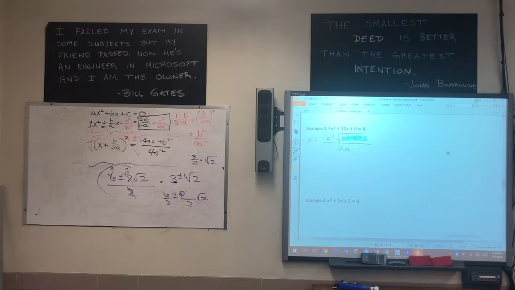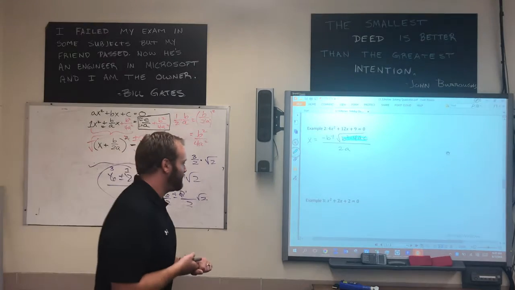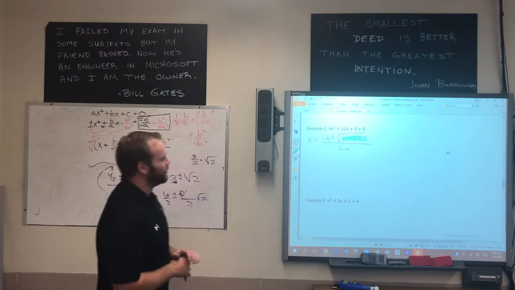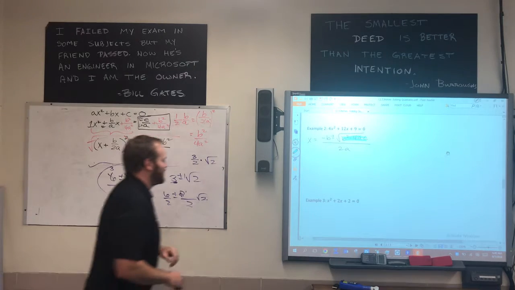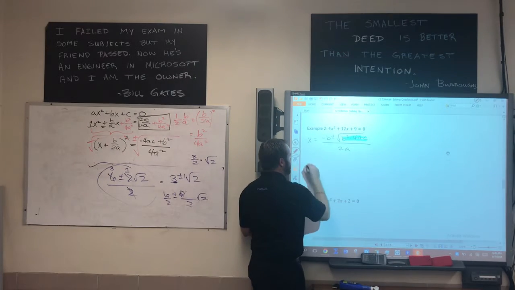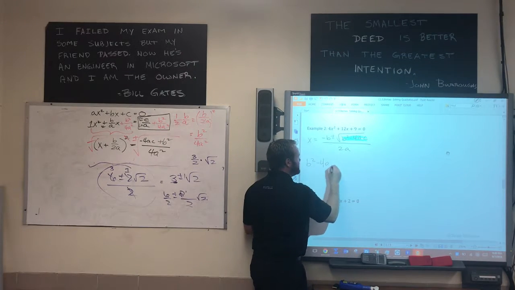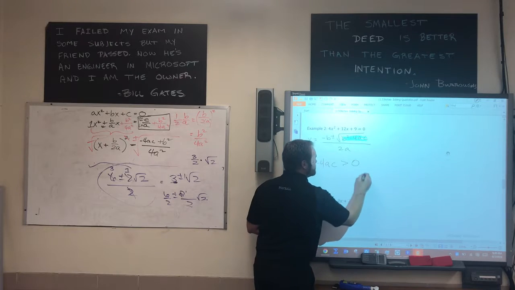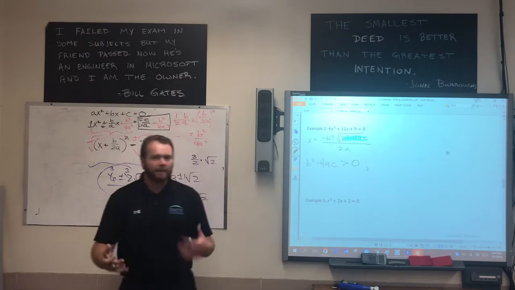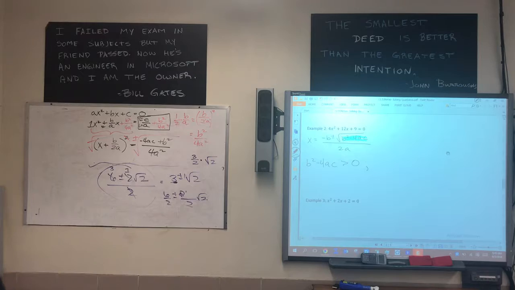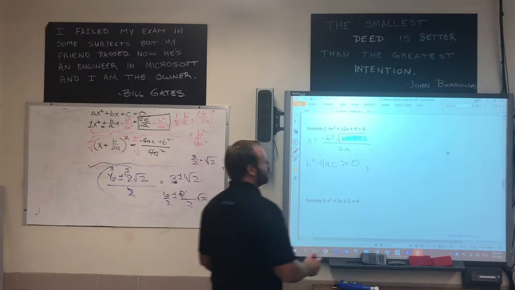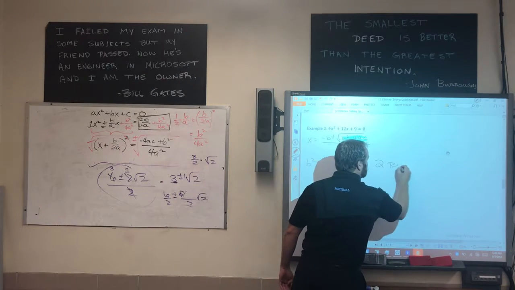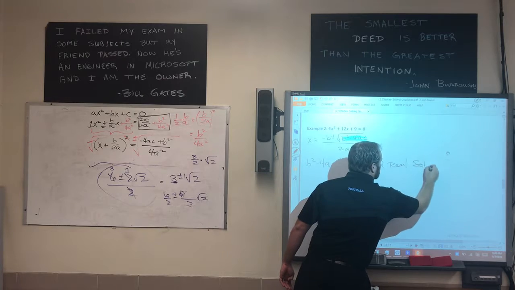So it discriminates on how many solutions you have. If that number is positive, and down here in a little bit we'll write this in, I guess we can write it now. If b squared minus 4ac is positive, greater than 0, how many solutions did we have in the last question? 2, right? We get 2 real solutions.